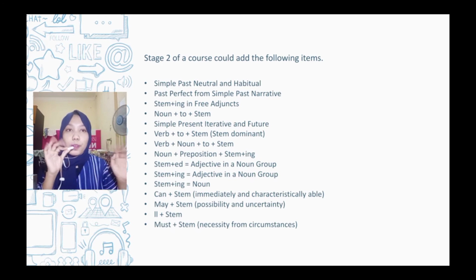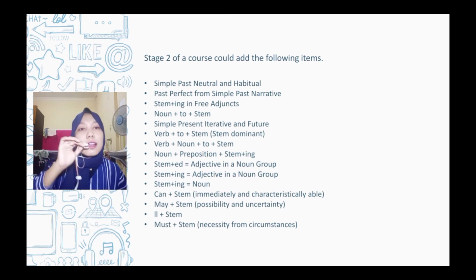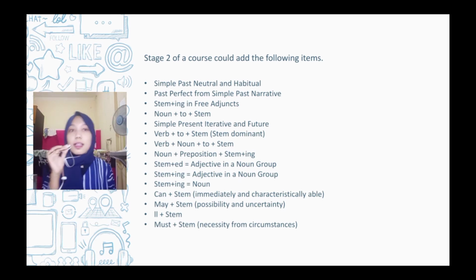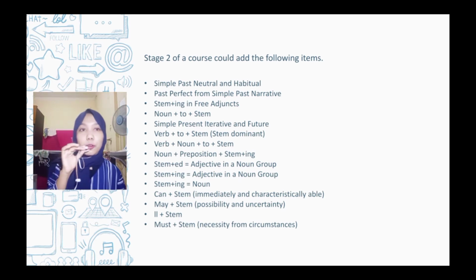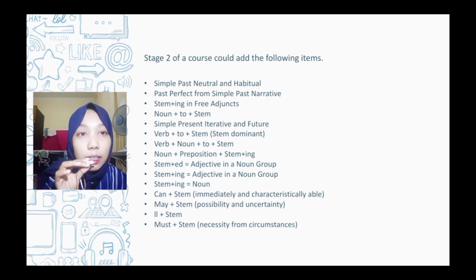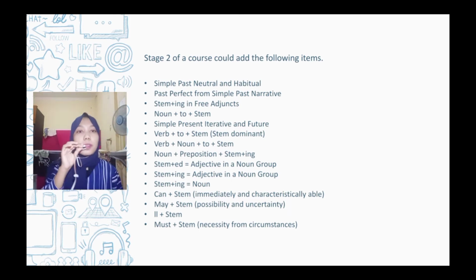Stage 2 could add the following items: simple past neutral and habitual, past perfect from simple past narrative, stem plus ing in free adjuncts, noun plus to plus stem, simple present in iterative and future, verb plus to plus stem or stem dominant, and the others.